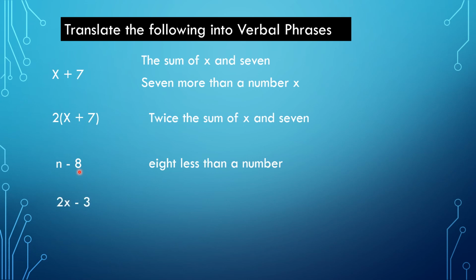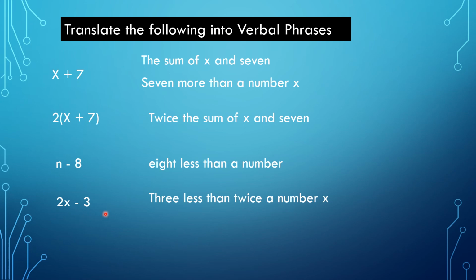Okay, next. 2x minus 3. Do you want to try? So we have 3 less than twice a number x. Okay, what else?